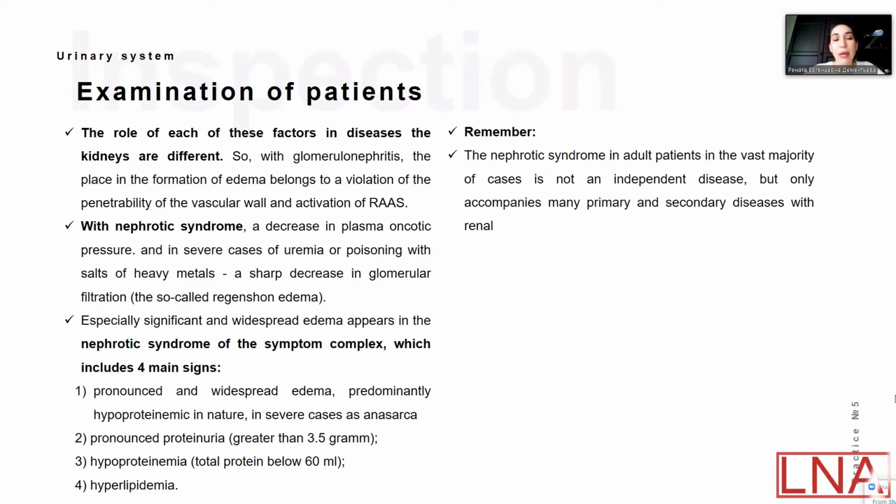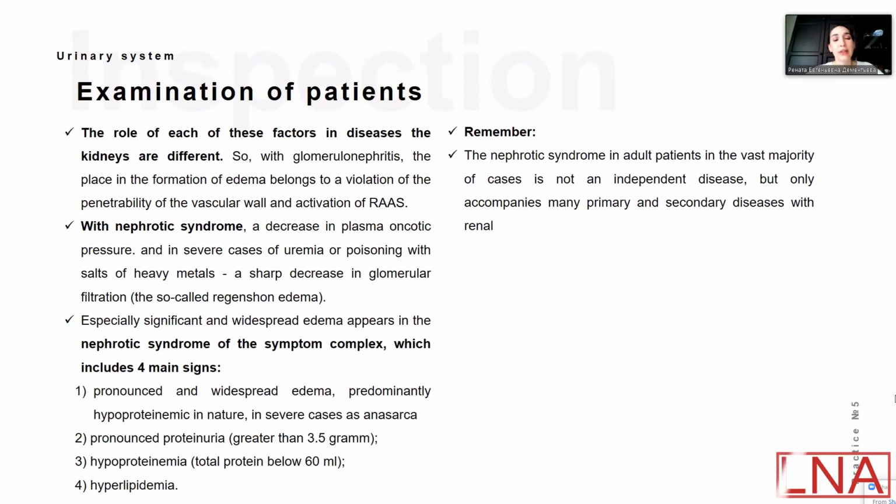Especially significant and widespread edema appears in nephrotic syndrome, an absolutely clinical symptom complex which includes 4 main signs. In some literature, you can find 5 main signs. First of all, pronounced edema, predominantly hypoproteinemic in nature, and in several cases edema till anasarca, so total edema. Pronounced proteinuria, more than 3.5 grams in general urine analysis or during routine daily proteinuria.